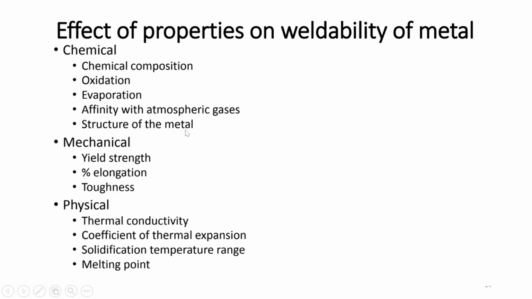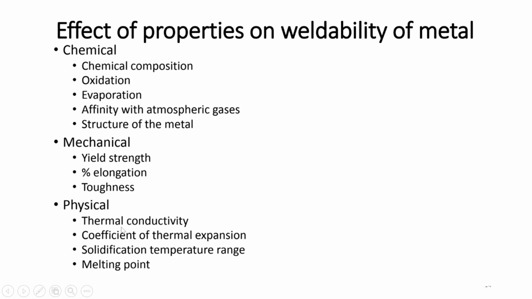Structure of the metal: in what structure you are using your material for welding will also affect weldability. Mechanical properties: yield strength of the material, percent elongation, ductility and toughness will also decide weldability of metal. Physical: thermal conductivity.